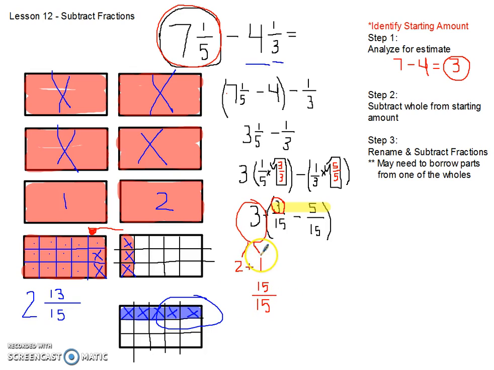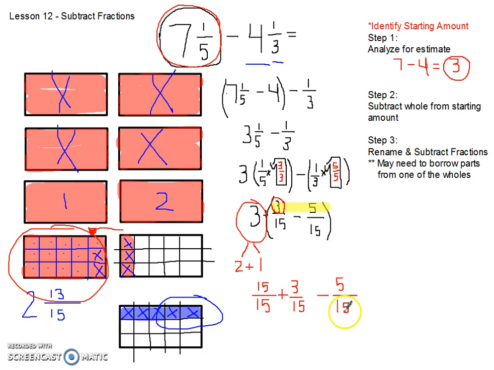So this step here is relating to what we were doing with this whole here. So we've had 15 parts out of 15 parts, and we are adding that to our original 3 out of 15 parts. And then we're still taking away that 5 out of 15.